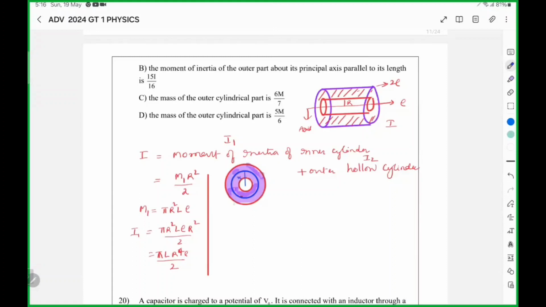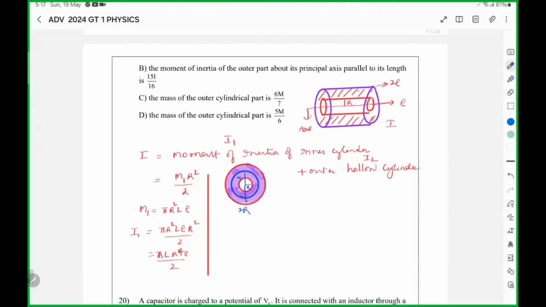What I am trying to find out is, with inner radius r and outer radius 2r, the moment of inertia of a hollow disk.